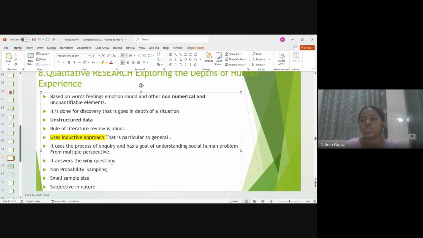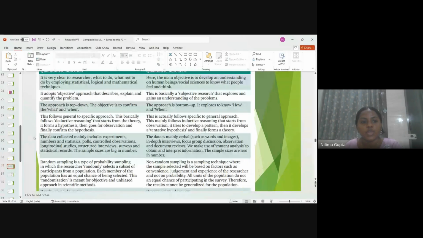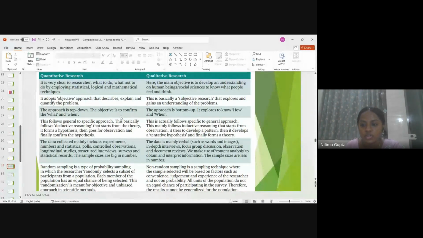I'm going deep down into it, I'm analyzing everybody's responses. So we use a small sample size here, and it is subjective in nature because we are talking about human feelings, emotions, and other things. Okay. So here there is a complete difference between qualitative and quantitative research.